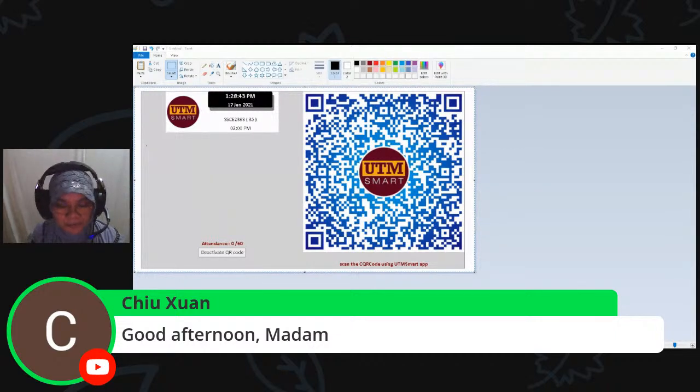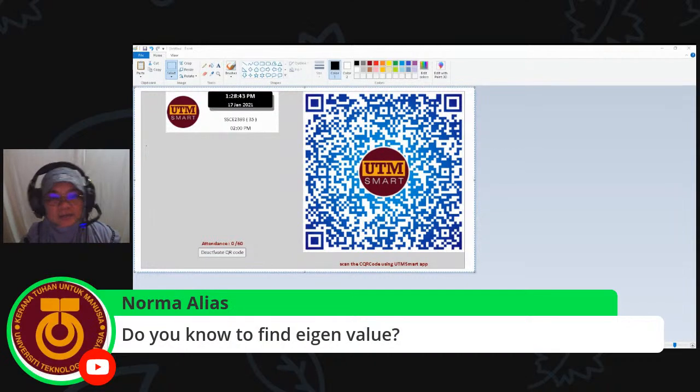Do you know how to find the value of the eigenvalue? So now let's continue to solve this problem. Do you know how to find the eigenvalue associated with the eigenvectors? This is my question.